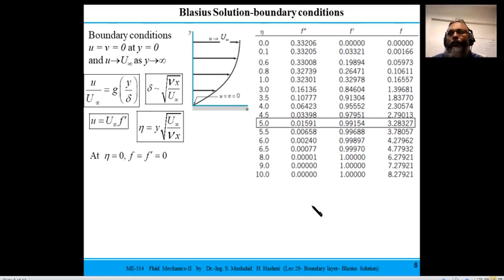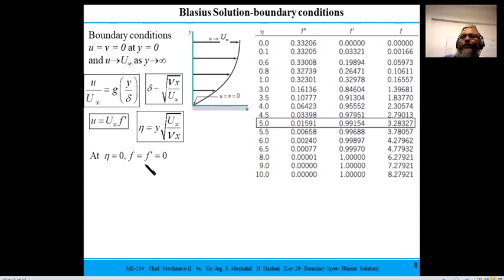And let's check out the boundary condition. At our boundary condition, eta is 0 only when y is 0. So when you substitute y as 0, eta is 0. So what you are going to get, at eta 0 your function is 0, as well as your u is also 0.